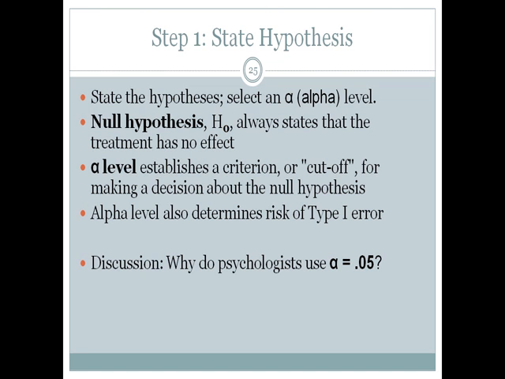The alpha level determines the cutoff point and is an accepted standard cutoff point for deciding whether something is truly different or perhaps due to sampling error. So I'm going to have a little discussion about why we often use the cutoff point of alpha equals 0.05.